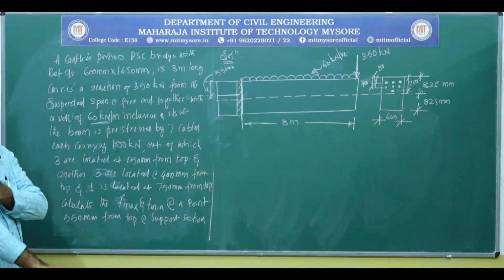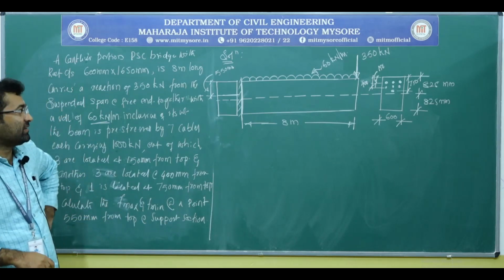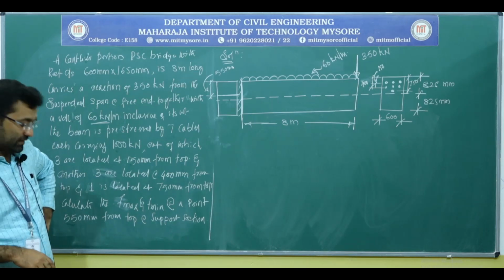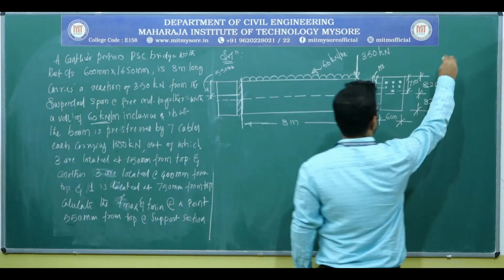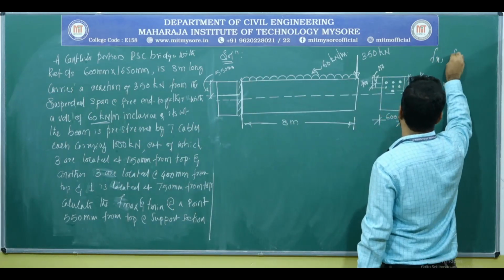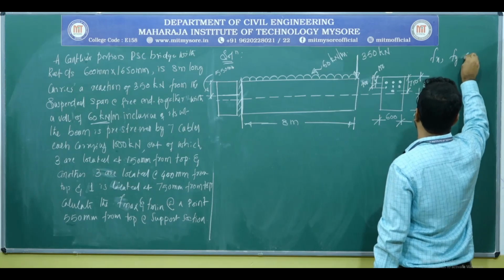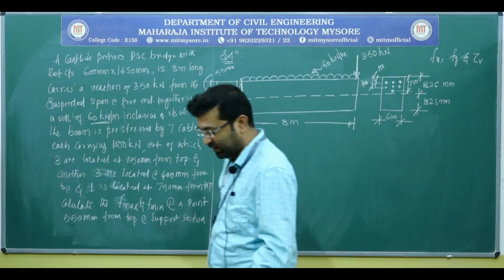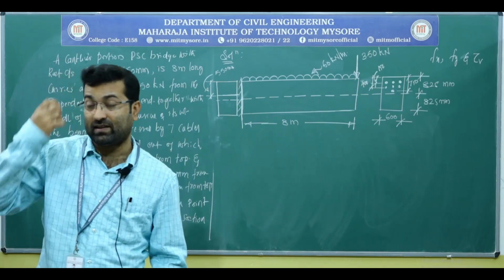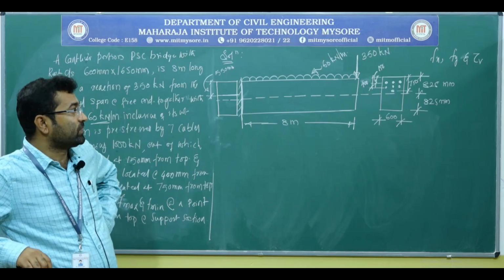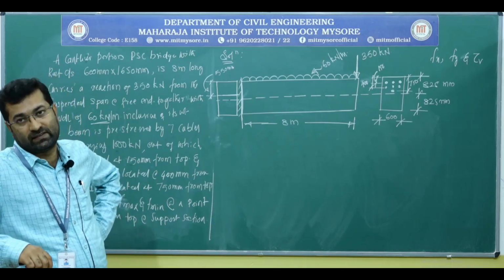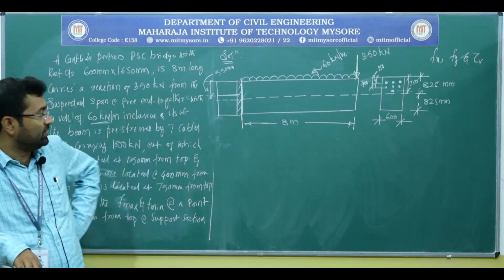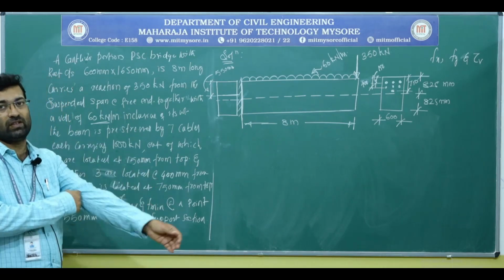So now to calculate the principal stresses F minimum and F maximum, we need three things. Okay. So we need F of x, we need F of y, and we need tau v. So what is F of x? F of x is the stress due to direct pre-stress, that is pre-stressing force divided by the cross section area of the concrete.